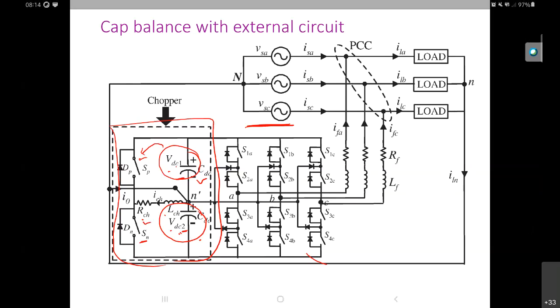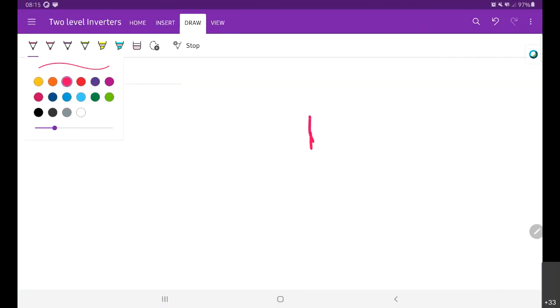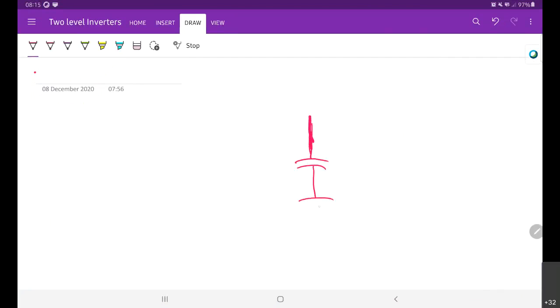So now we'll try to design the switching sequence. Let us assume that these are the two capacitors, C1 and C2, with voltages VC1 and VC2, and we have this midpoint, and this is the remaining circuit on the right hand side.